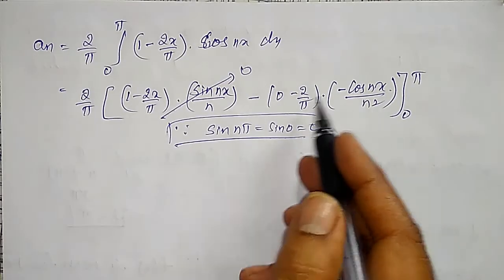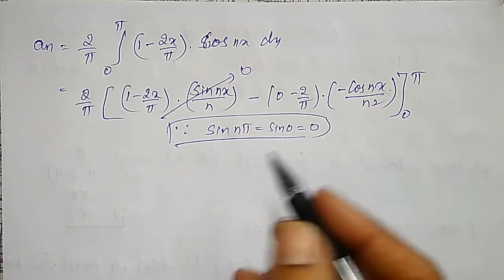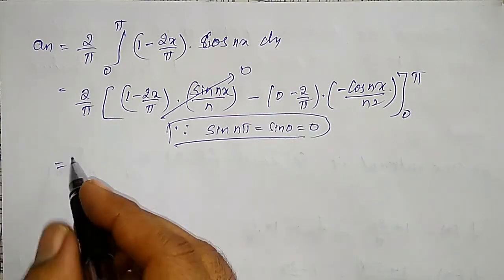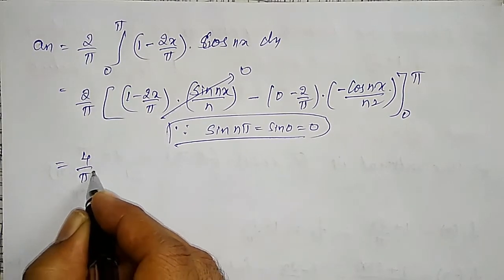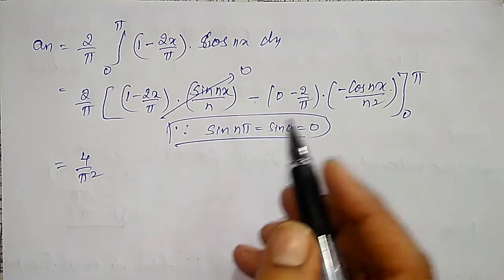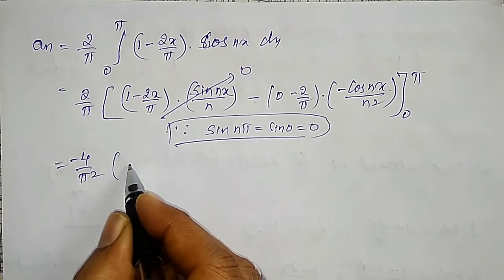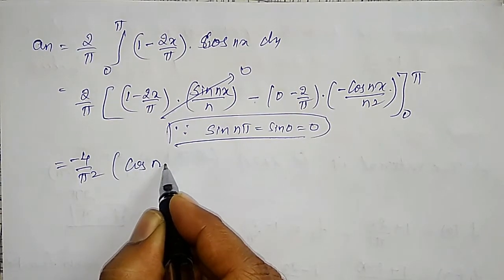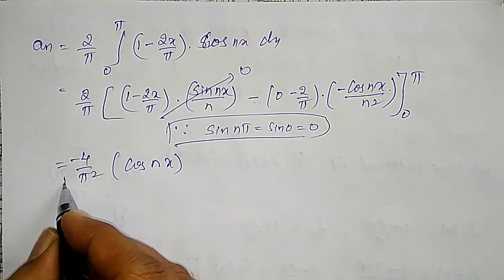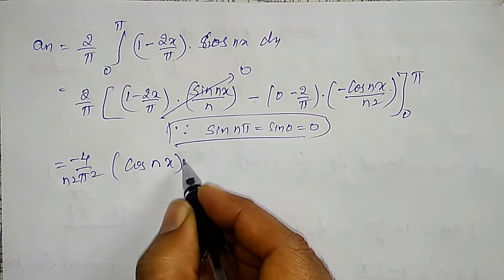Only for this term I have to substitute the upper limit and lower limit. That will become 2 by pi, again I will take outside, that will become 4 by pi square, minus minus and minus, into cos nx, and n square also I will write outside, 0 to pi.